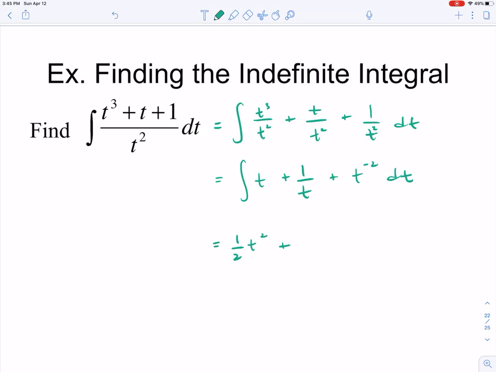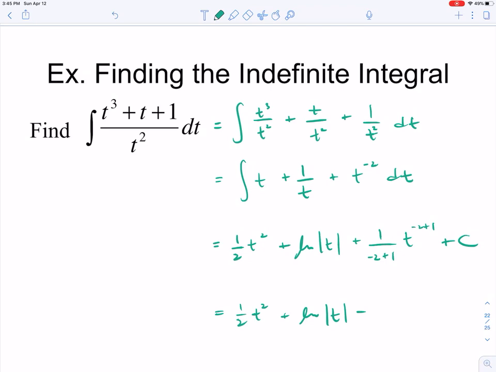Integrating each piece, when I integrate t with respect to t, that's going to be 1/2 t squared. The integral of 1 over t will be natural log of absolute value t. And then plus, I'm going to write that one out, 1 over negative 2 plus 1 times t to the negative second plus 1 power plus c.